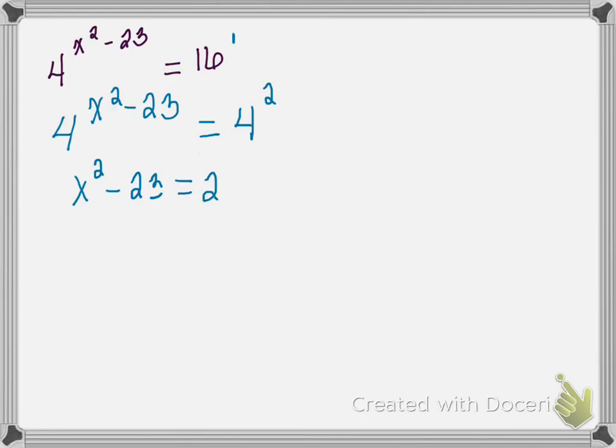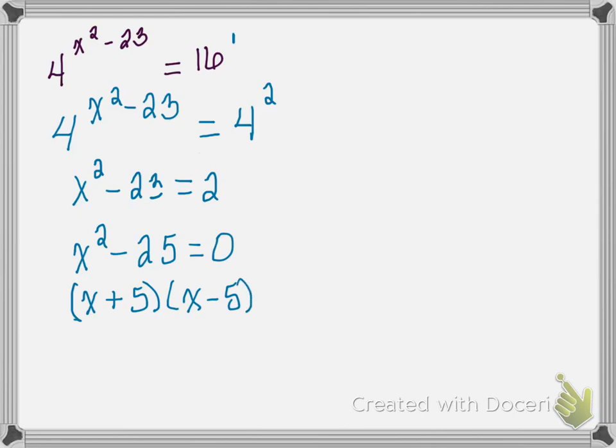I subtract 2 from each side, and I get x squared minus 25. That factors to what? Good. X plus 5, x minus 5. That's a difference of perfect squares. So x can be negative 5 or x can be positive 5.